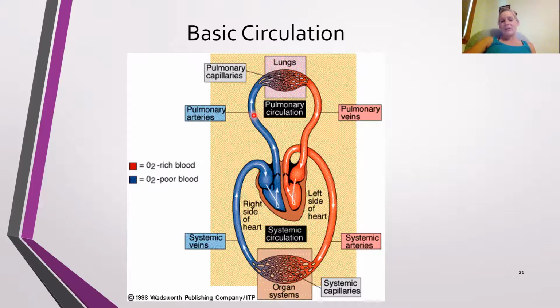In this particular scenario, those pulmonary arteries are going to drop blood off at the pulmonary capillaries, which is going to allow me to pick up oxygen at the level of the lungs and get rid of my CO2 or waste products at this level as well. Once I am oxygenated, I'm going to come back through the pulmonary veins and enter into the left side of the heart because now I'm ready to be sent out to the whole body because I've picked up my oxygen. I'm ready to go. Okay.